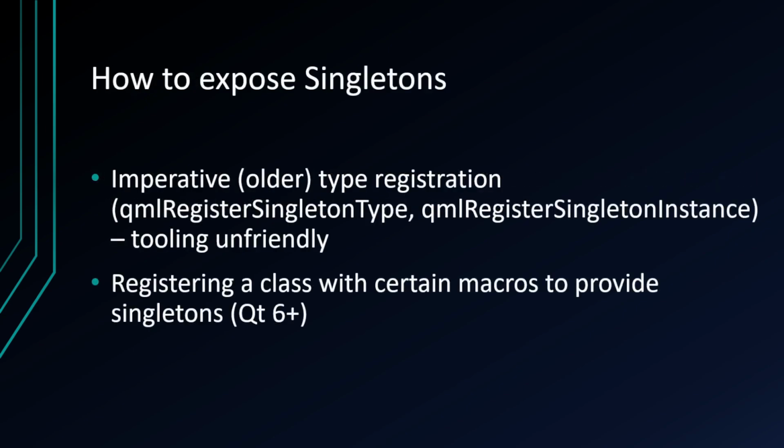And the main ways to expose singletons to QML are imperative, and this is older, type registration using the functions provided by Qt, like qmlRegisterSingletonType or qmlRegisterSingletonInstance. But imperative type registration is an older way of providing singletons.